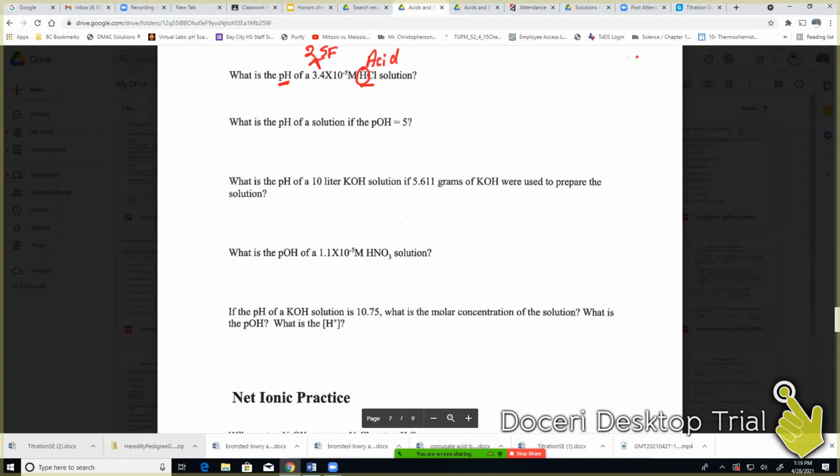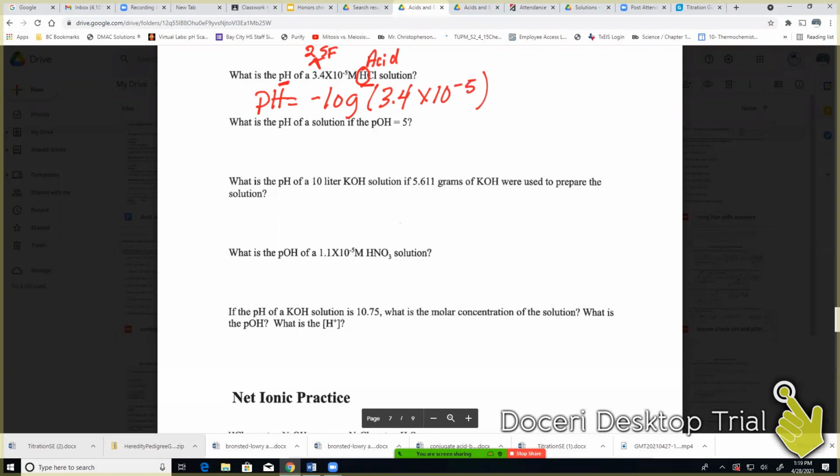So once I've done all that, I'm going to find the pH, which I can do directly. And my pH, if you look at your formulas, is going to be negative log of my H plus concentration, which is what I have right here. So 3.4 times 10 to the negative fifth. And that's what you would put in your calculator.